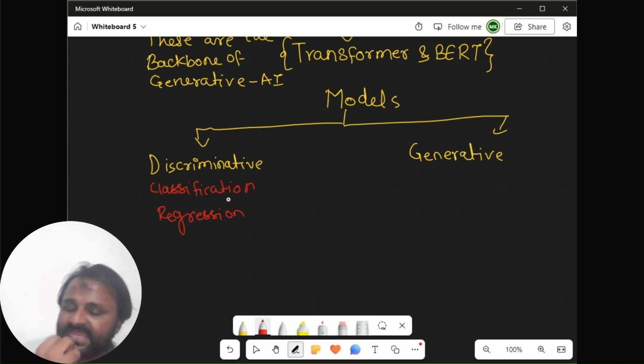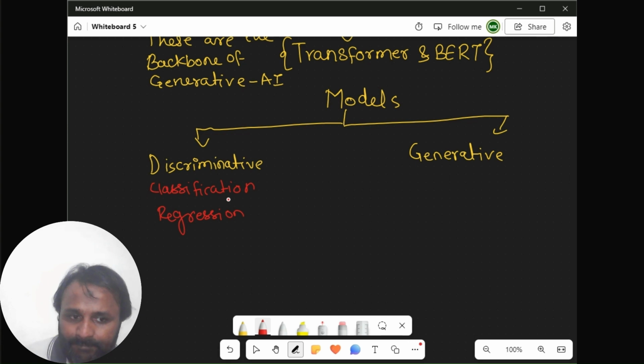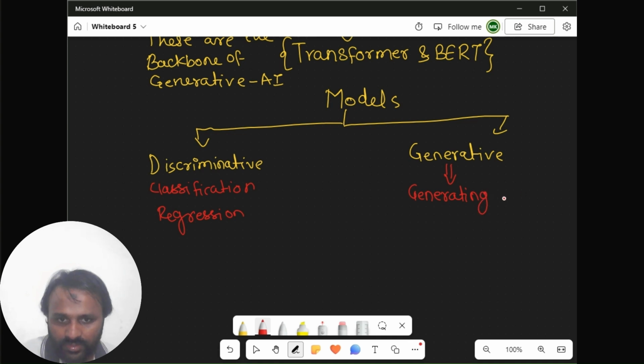Similarly, in the case of Gen AI, the task is nothing but generating new data, trained on a huge data set. Gen AI is more about generating new data.